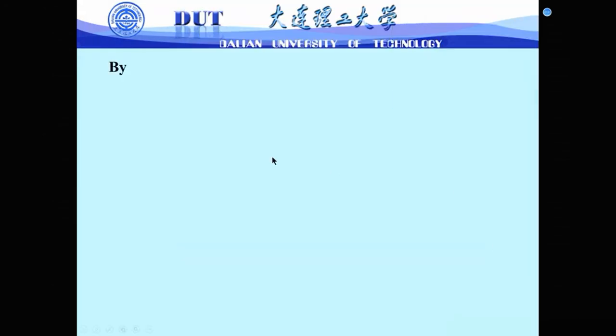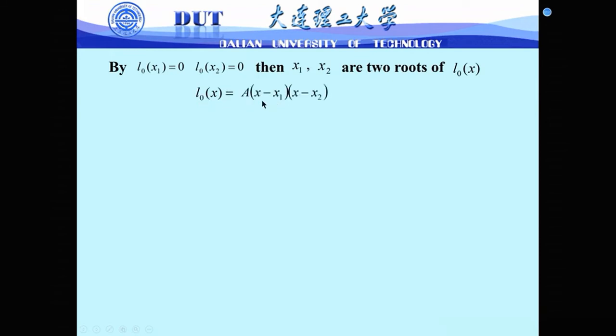Okay, now let me show you the details. By the two conditions, we know x1 and x2 are two roots of L0(x). So this function should contain the two factors (x minus x1) and (x minus x2), right? We only need to determine this constant.